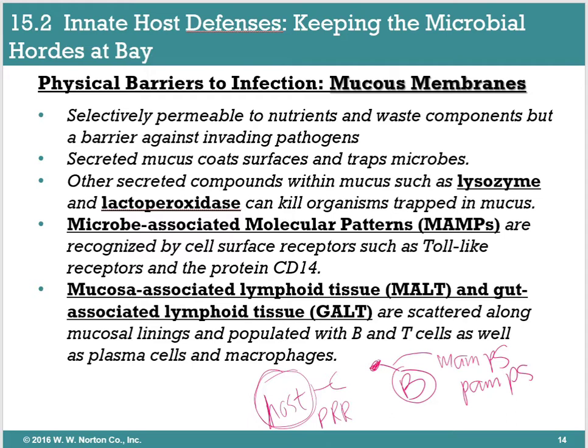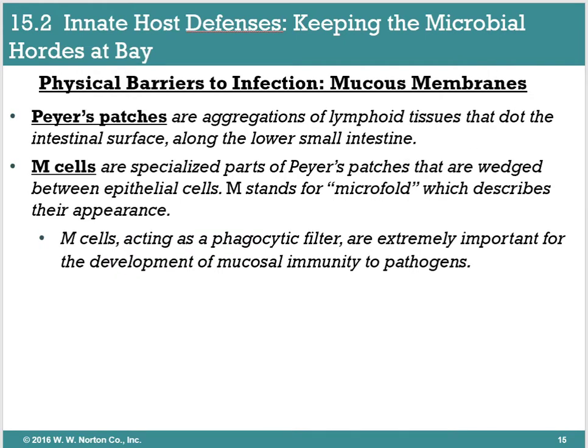We're going to go further into our mucosa membrane. So within our mucosa membrane, further down, away from our nasal and our mouth area, we have something called Peyer's patches. So this is actually located inside of our intestine, primarily our small intestine. They're like little tissues, or like little tentacles, and they purposely try to capture microbes. And then within that, we have these M cells.